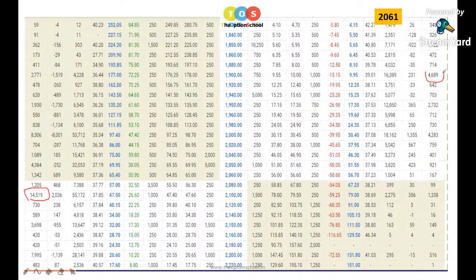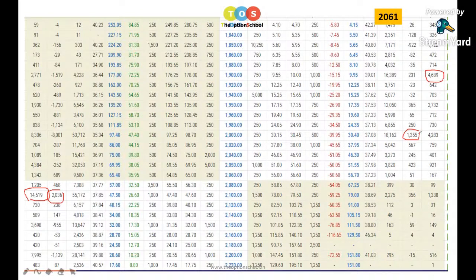So this is giving me 1900 and 2100. The average comes to be 2000, and then I take the highest change in open interest on call side, which is again 2100, but the highest change in open interest on put side is 2000. So 2000 and 2100 is giving me an average of 2050. So 2050 with 2000 gives me an average of 2025.